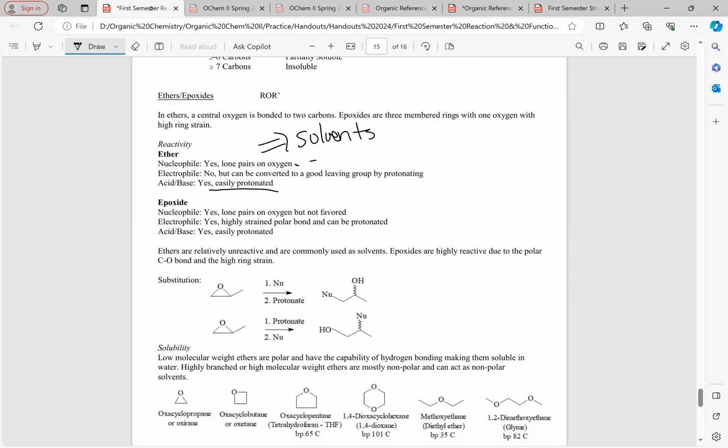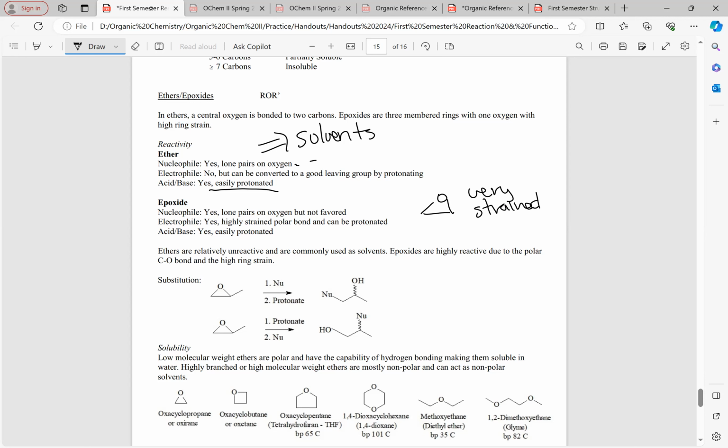Now, epoxide is a special one. It's a 3-membered ring, very strained. So already you have a built-in leaving group because that bond wants to break. All right, here is an example of the epoxide reaction, and then I'll go back and show you the ether one.